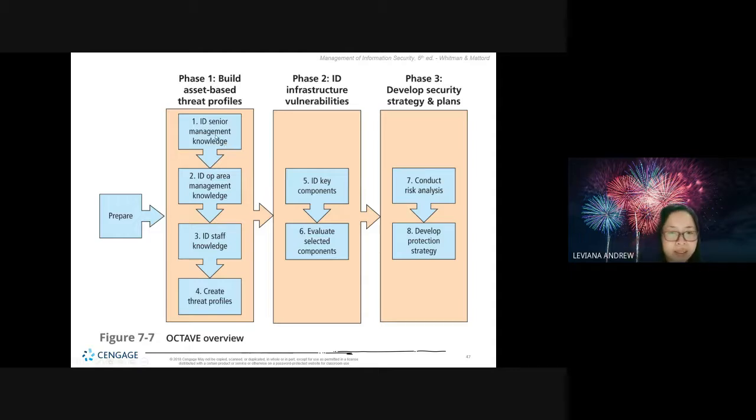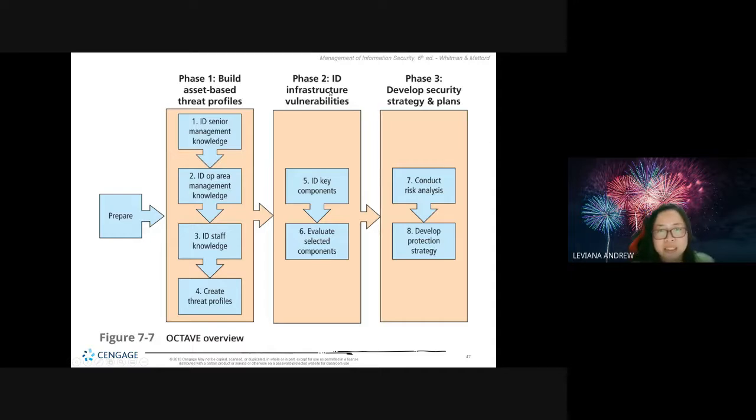So these people will identify each of the threats based on their knowledge, their area of management, and then their expertise. And then they will give the likelihood of the threat will occur or the vulnerabilities.